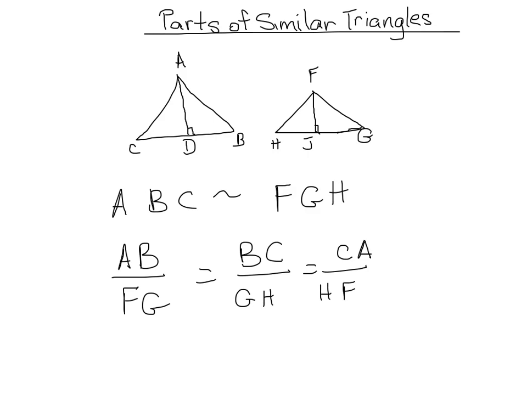But what we might not know is this is also equal to AD, which is our altitude of the first triangle, over FJ. So that scale factor remains the same throughout, even if we're talking about the altitude.